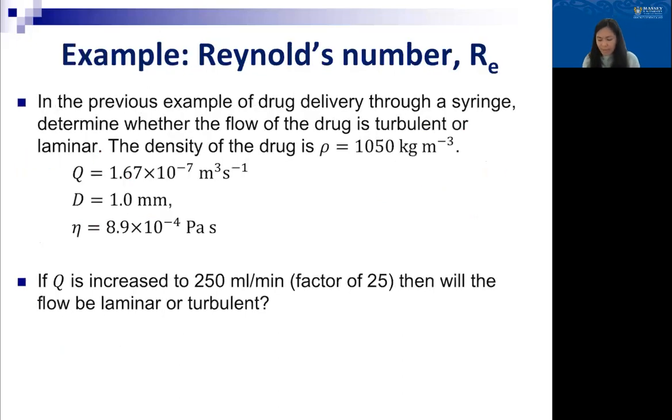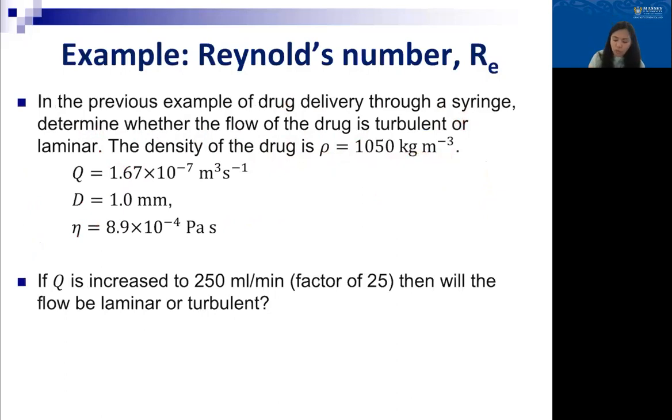All right, so turbulent and laminar flow. Let's look at an example of the types of questions relating to Reynolds number and turbulent and laminar flow. In the previous example for the drug delivery, we want to determine whether the flow of the drug is turbulent or laminar. The density of the drug is 1050 kilograms per cubic meter.